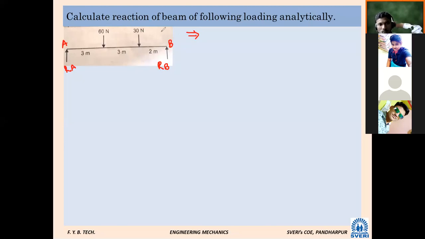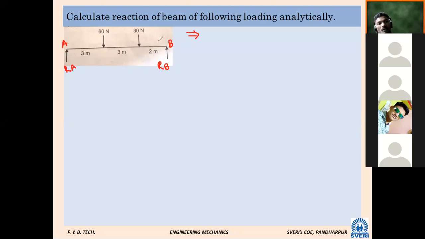Out of that, it is a point load. The beam is in equilibrium under this loading condition, and we want to find the reactions RA and RB.